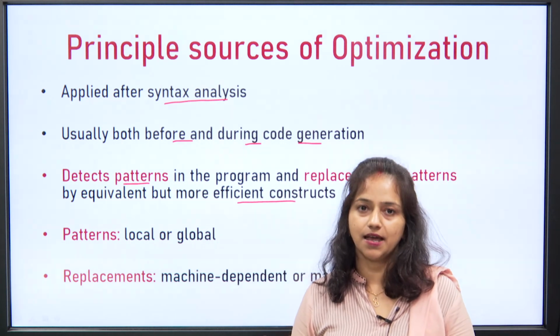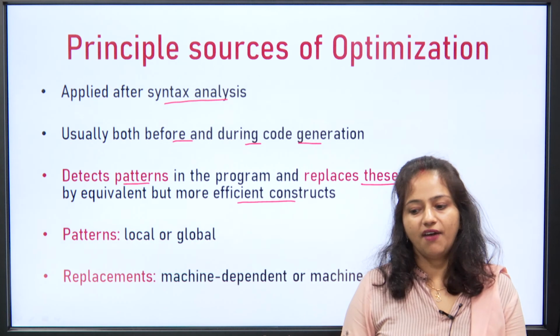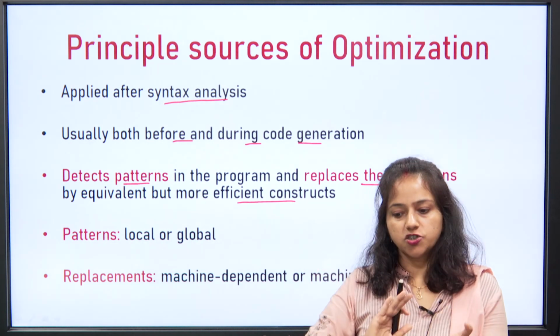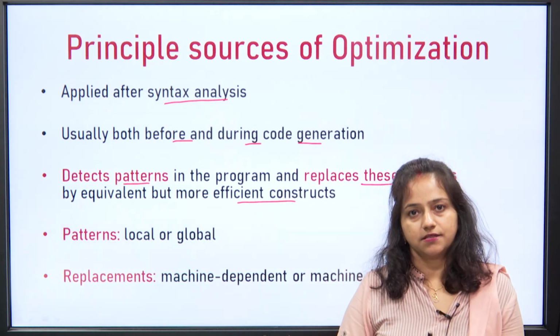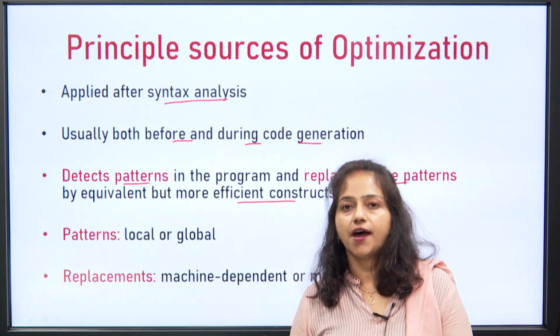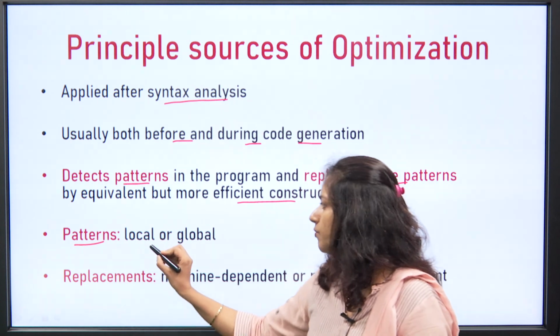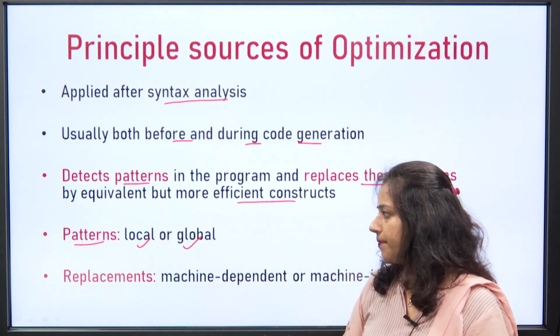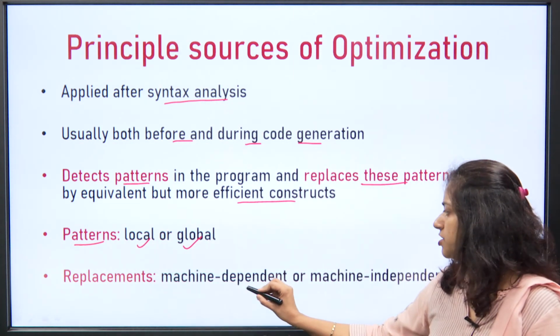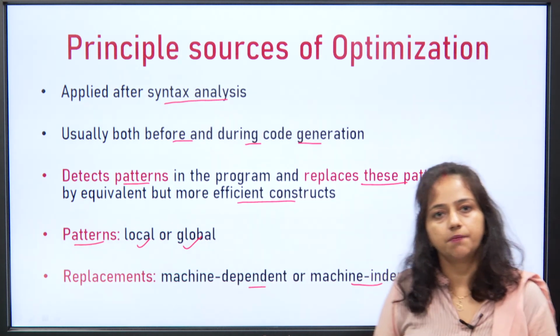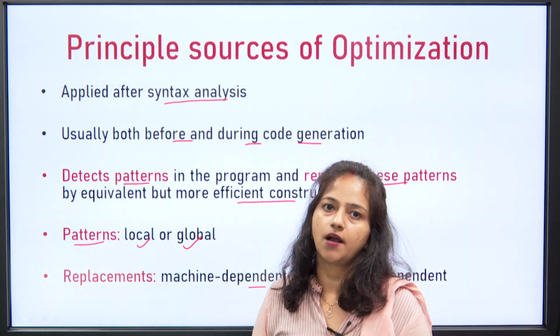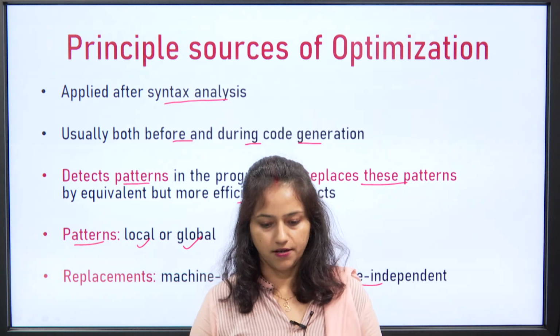There are techniques which change or replace the patterns with efficient versions of them. Second, the patterns can be found locally or globally, and replacements can be machine dependent or machine independent, meaning architecture dependent or architecture independent.